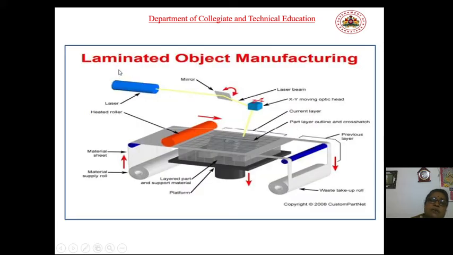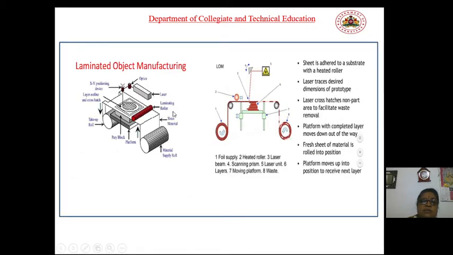So the laminated object manufacturing, the 3D view, you can observe from this figure the actual process, how it is going on, from this sketch. And next you can observe the 3D view and the 2D view of the laminated object manufacturing.